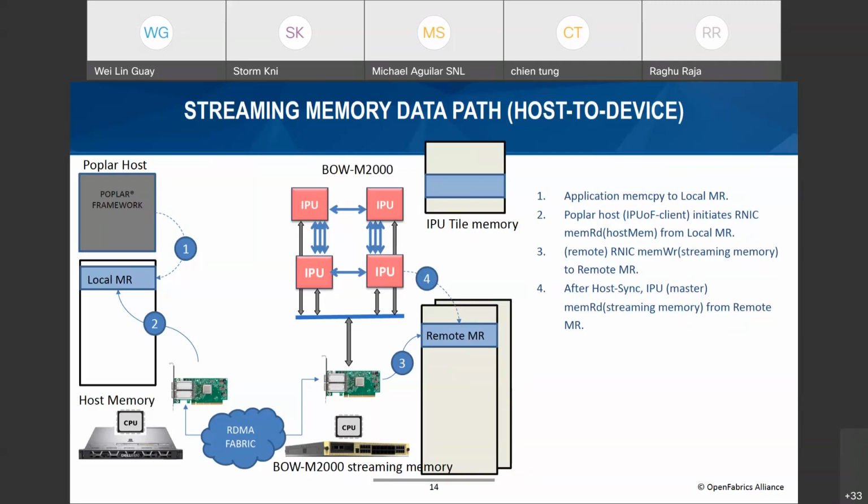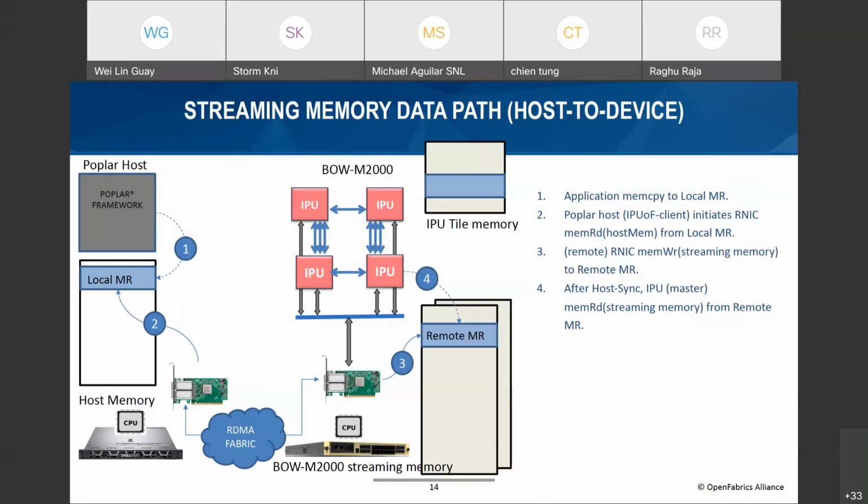As you can see, there are two buffers in this diagram that we call the local MR and the remote MR. Those are mirror buffers of identical size. The reason is to pin one on the host so that we can transfer it over to the BAU M2000s.